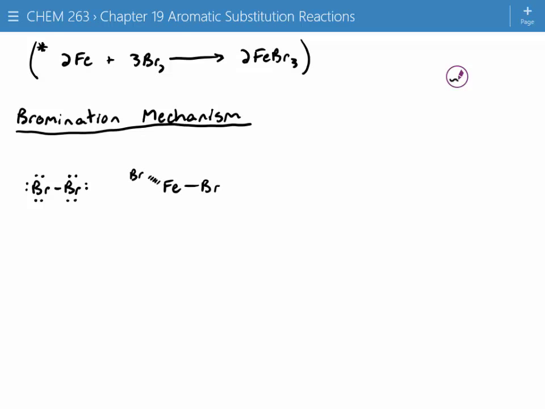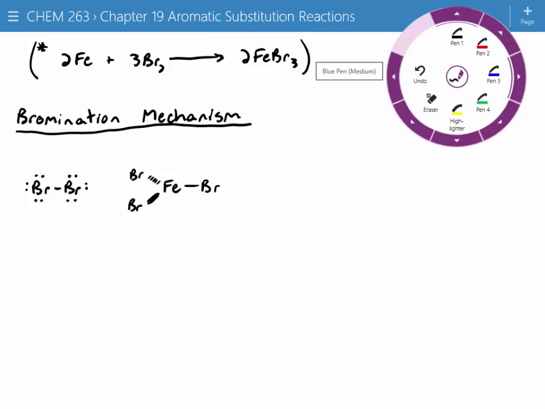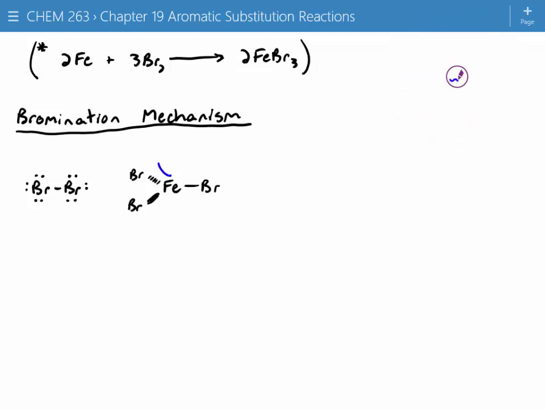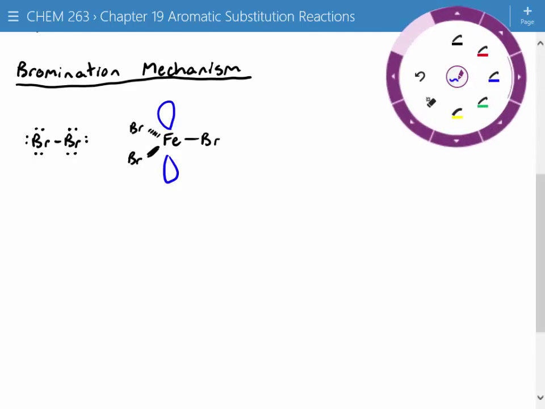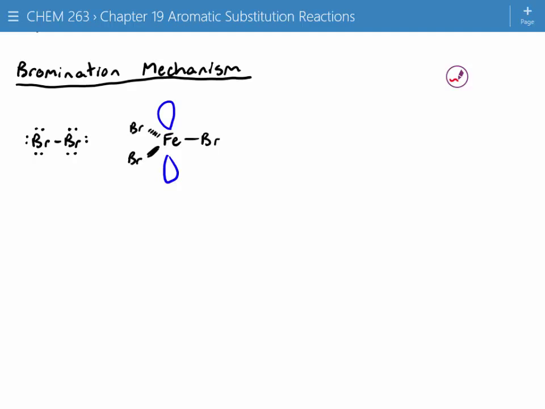And I'm going to draw iron tribromide kind of on its side. And then if we think about this, iron tribromide has this big empty p orbital sticking straight up and straight down, right? Which means if it's got an empty p orbital, it really, really wants electrons. And where will those electrons come from? Just directly from bromine, right? So bromine is one of those weird molecules where it can act as both an electrophile and a nucleophile. So in this case, it's acting as a nucleophile, donating electrons to the empty p orbital.